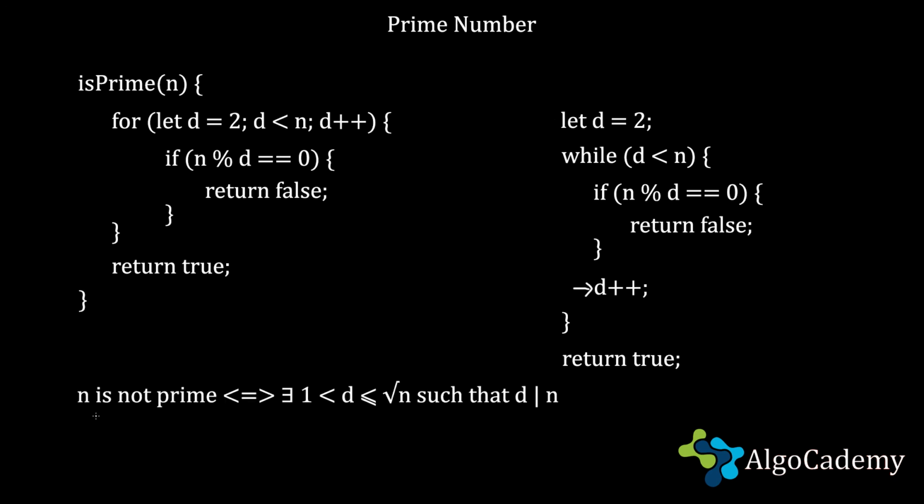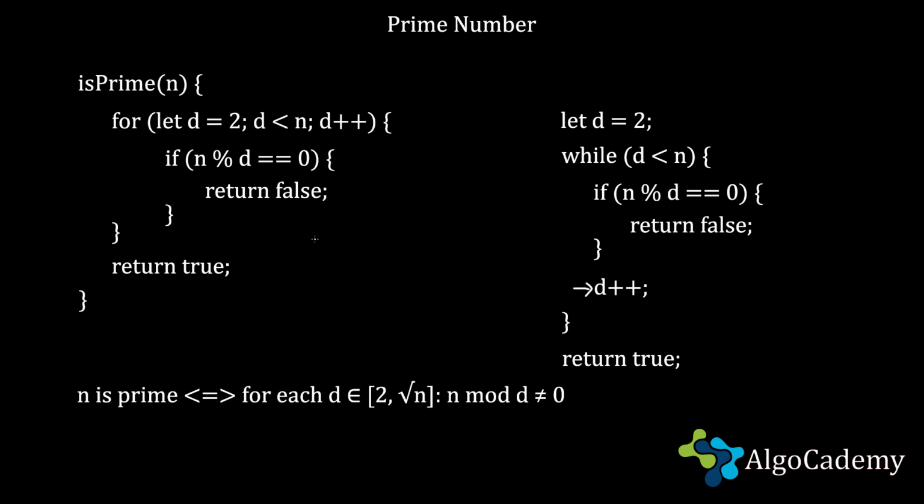Let's write this again. n is not prime if and only if there exists some integer d which is greater than 1 but less than or equal to the square root of n such that d divides n. Or in other words, n is prime if and only if for each integer d between 2 and the square root of n, n modulo d is different than 0.